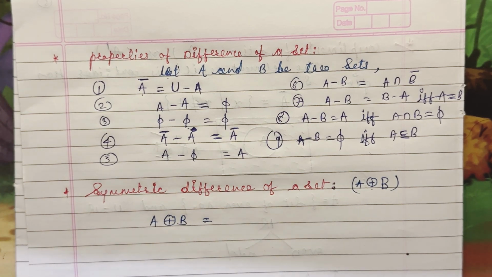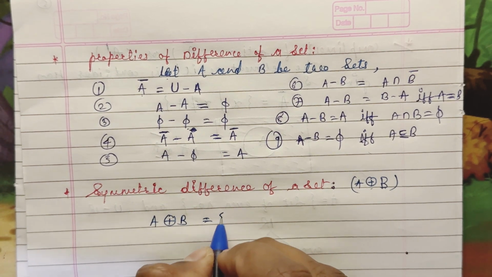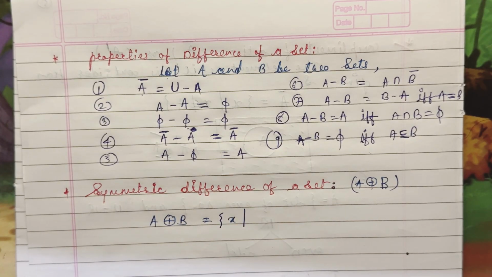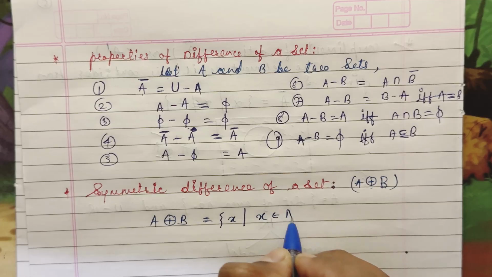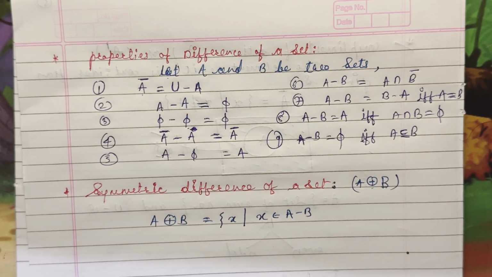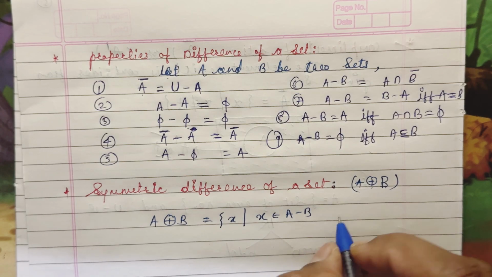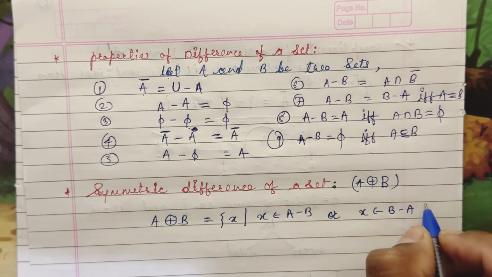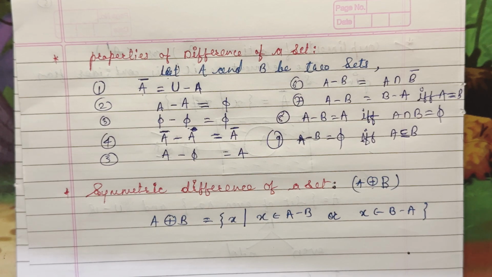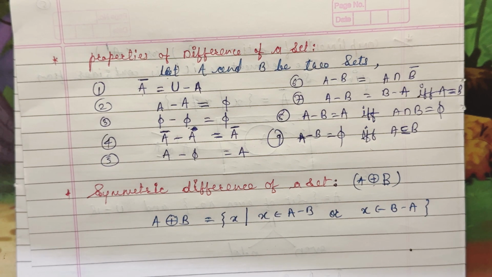We write the symmetric difference as the set of x such that x belongs to A minus B, or x belongs to B minus A. That means x is part of A minus B, or x is part of B minus A. That is the meaning.